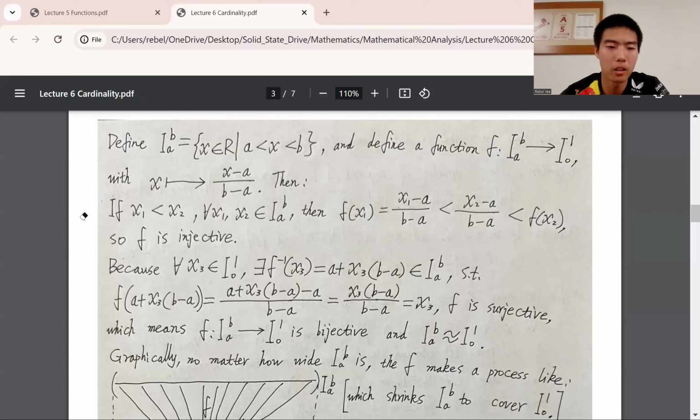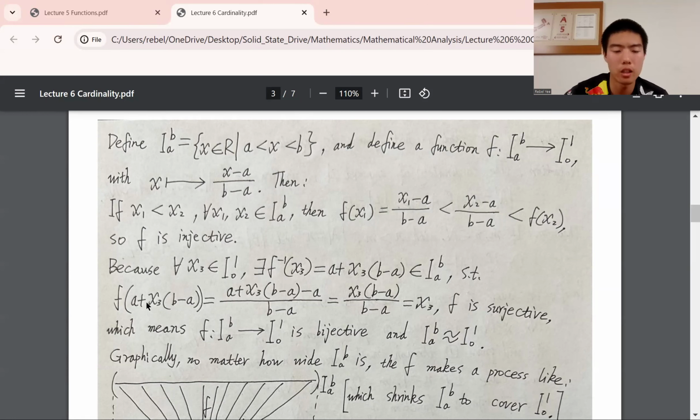And also from another fact, for all of the x3 belonging to the codomain (0, 1), there exists an inverse function of f which has this operation rule as a plus x3 times (b minus a). Then this element belongs to the domain, such that every element is reached by the function.